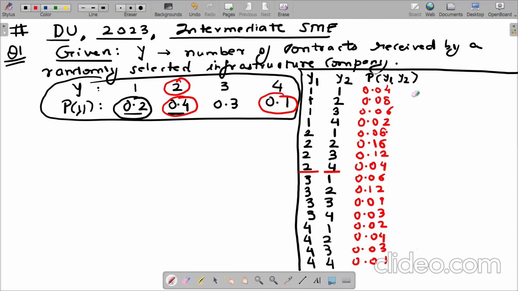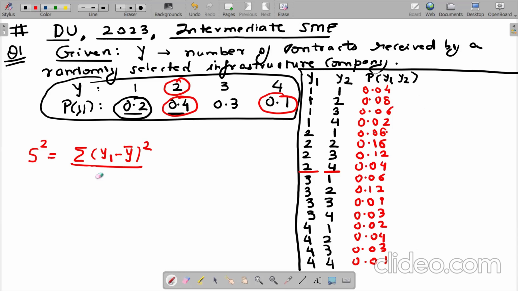Now to find the sample variance, remember the formula: S square is equal to, for the first one, summation y1 minus y bar square over how much sample we are taking? We are taking a sample of two companies, right? So over 2 minus 1. In general, it's n minus 1, where n denotes the size of the sample.